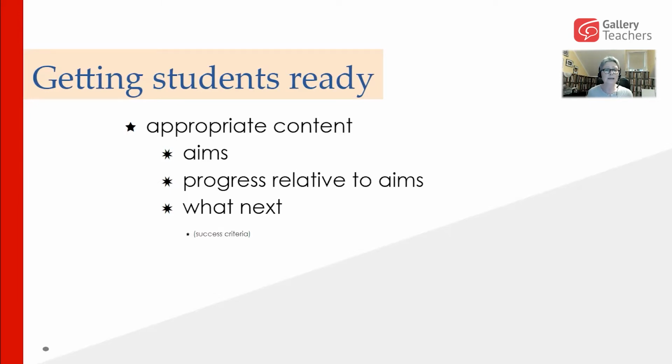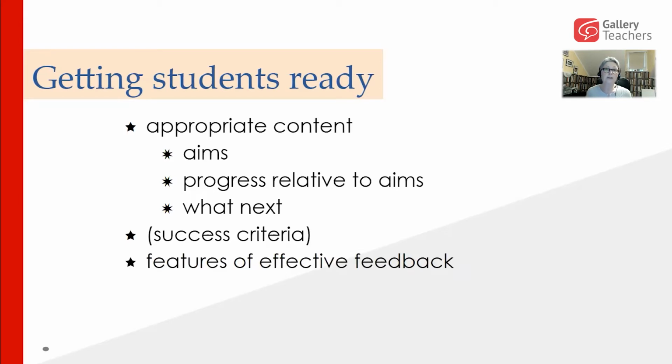And here is where success criteria come in. You may also remember that setting clear success criteria helps students overcome the bias that they have towards accuracy at the expense of communicative success. And the second area to focus on in preparing students for peer feedback is talking to them about features of effective feedback.